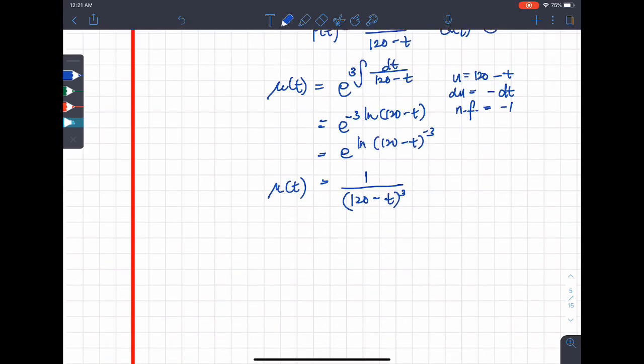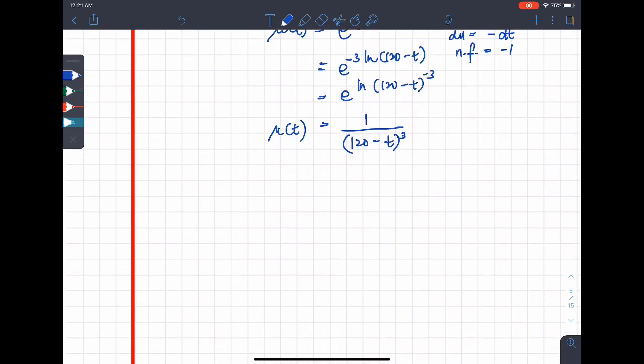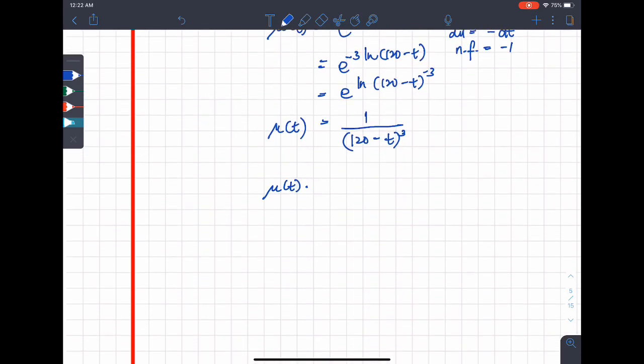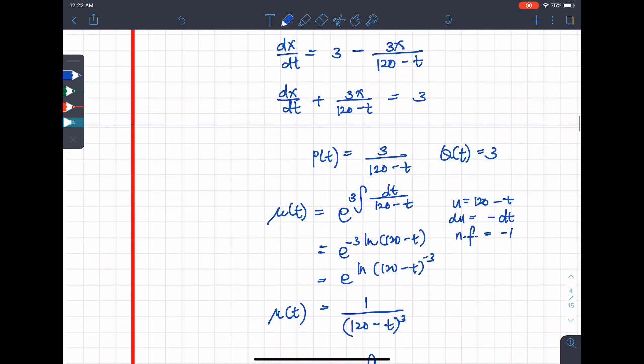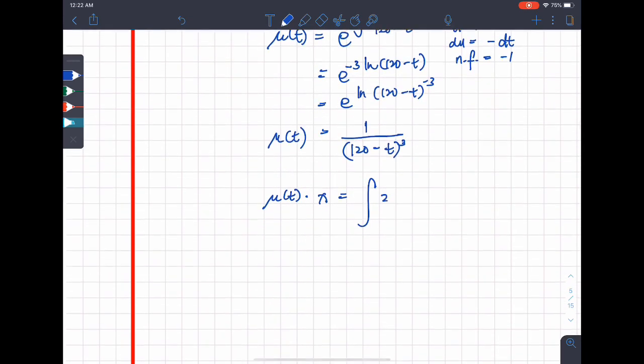Now that we have our integrating factor, our general formula would be mu(t) multiplied with the equation that is linear in x, equal to the integral of Q(t) times mu(t) dt.